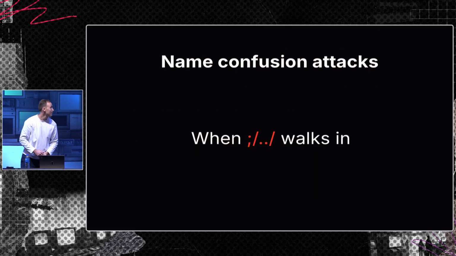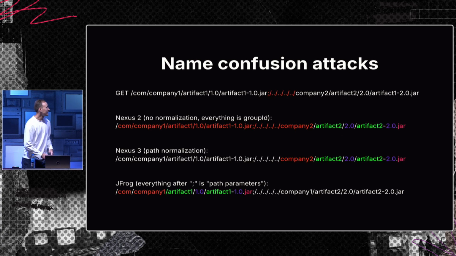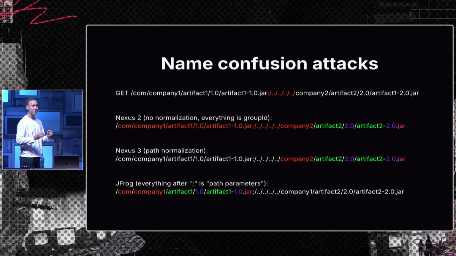And I finally found my solution. My solution used just a simple semicolon character followed by path traversal. I managed to create a special request that starts with the path to artifact 1, followed by the semicolon and path traversal characters, and then followed by the name of artifact 2.